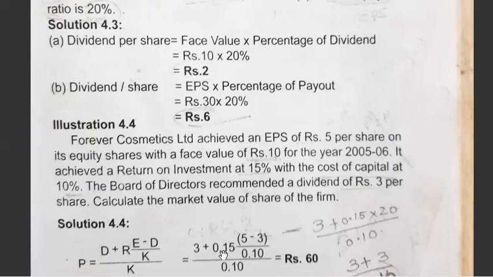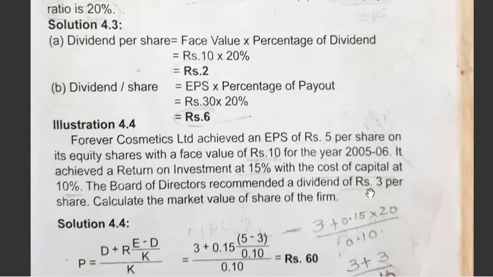Now we will go for the problem here. Forever Cosmetics Limited achieved an EPS of rupees 5 per share on its equity share with a face value of rupees 10 for the year 2005-6. If it achieved a return on investment, that is R, of 15%, and cost of capital, K, of 10%, the board of directors recommended a dividend of rupees 3 per share.